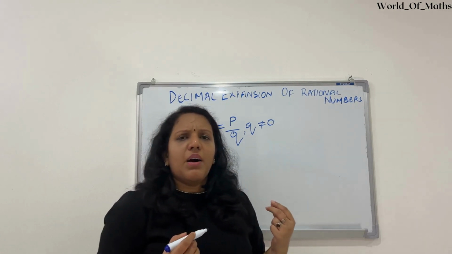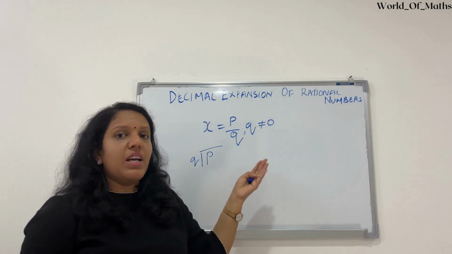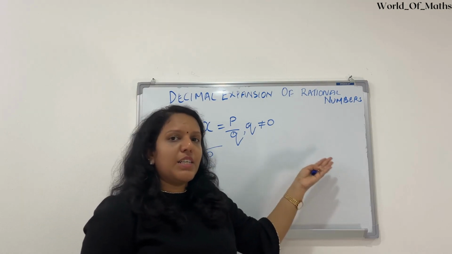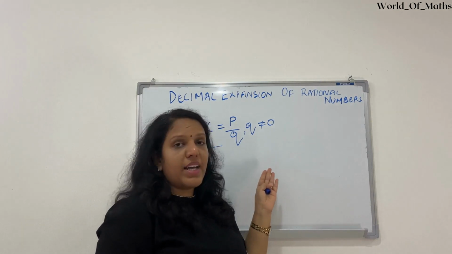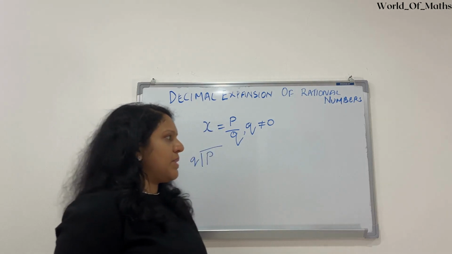Now, by dividing p by q, the quotient can be either terminating or non-terminating, repeating or recurring decimals.